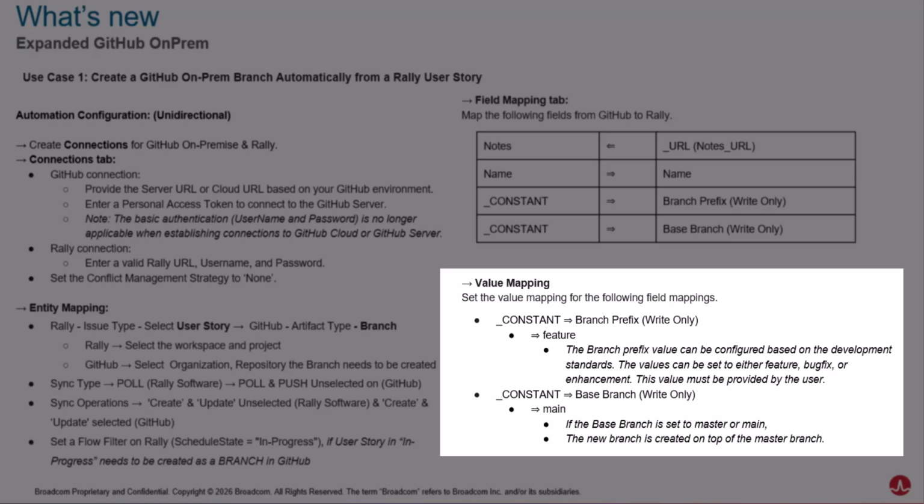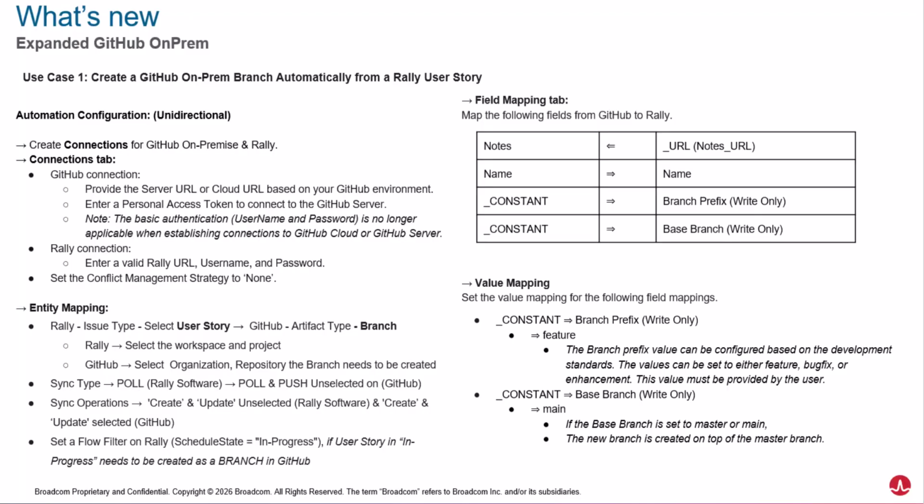We are also exposing a base branch. The base branch is where you can decide which branch you want to write to, whether it is a main branch or a master branch. You will be able to set these in your field mapping. We have exposed two fields in the automation, the branch prefix and the base branch. So this is more about how the settings can be done across the patterns that we have solved.